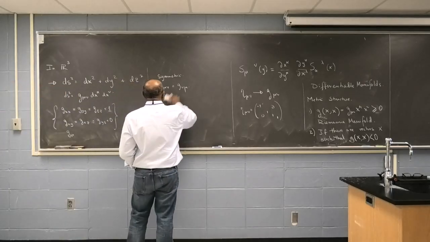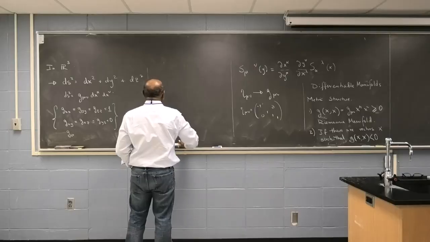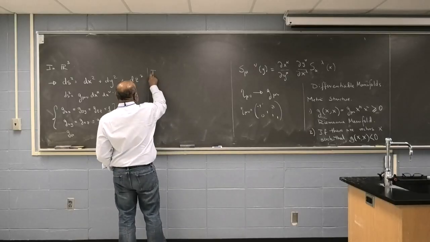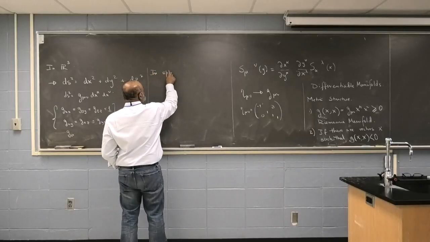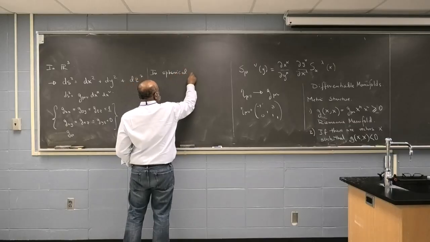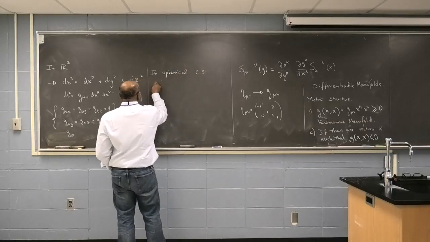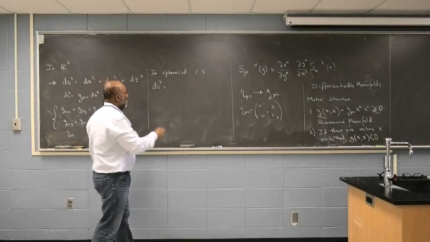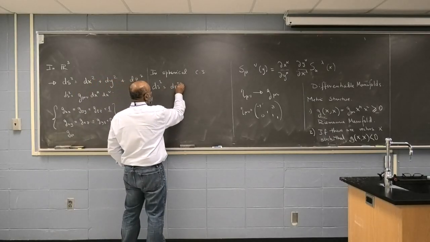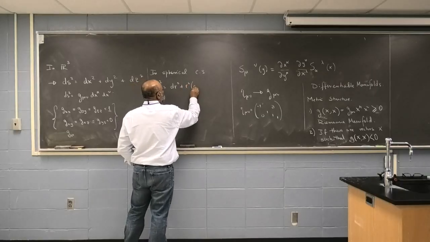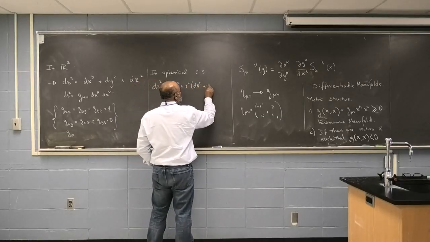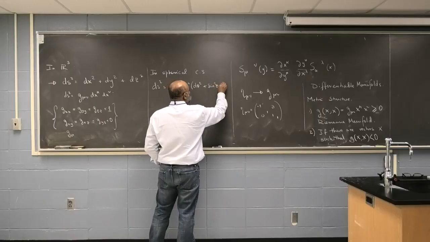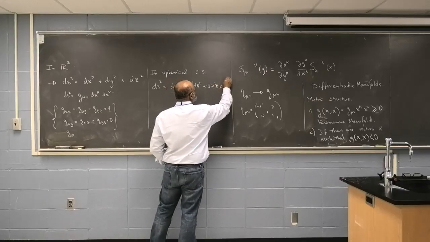One of the homework problems is I will ask you to show in spherical coordinates the same ds squared can be written as dr squared plus r squared d theta squared plus sine squared theta d phi squared.